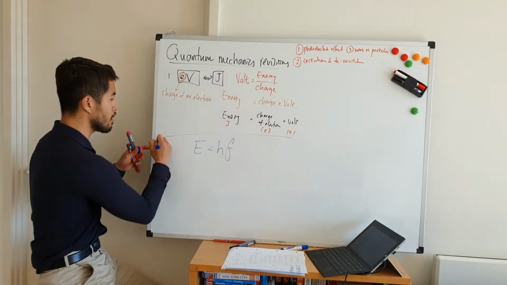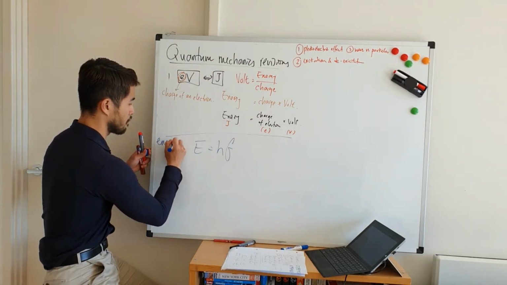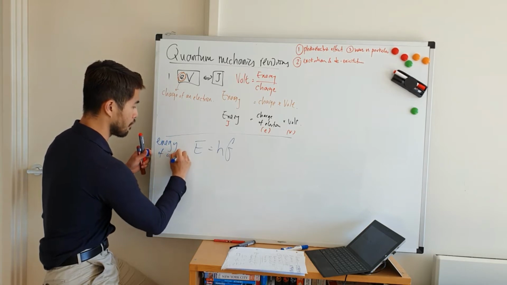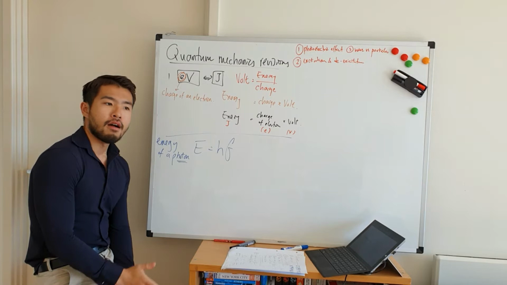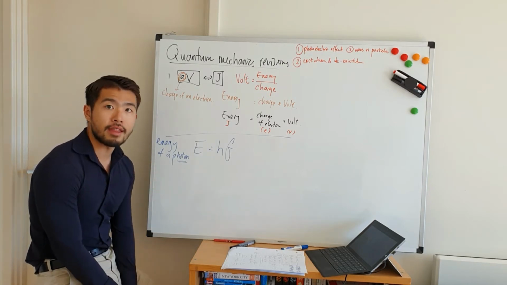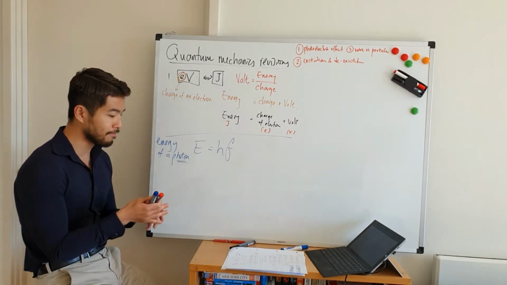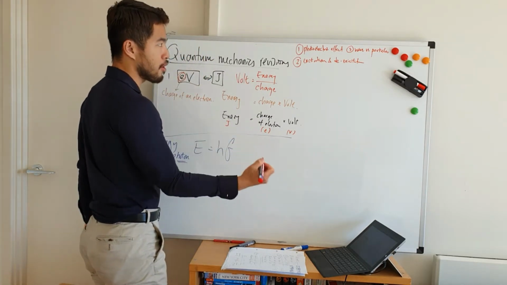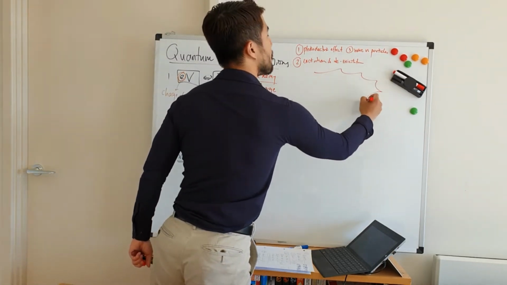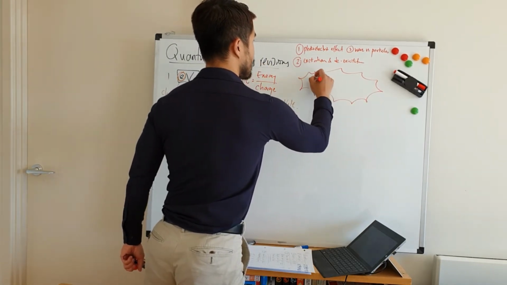What is that? This is the energy of a photon. When something is traveling at the speed of light, okay, another idea which I'm not going to talk about today, but obviously Einstein's equation.